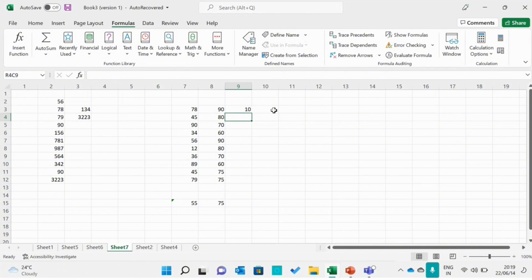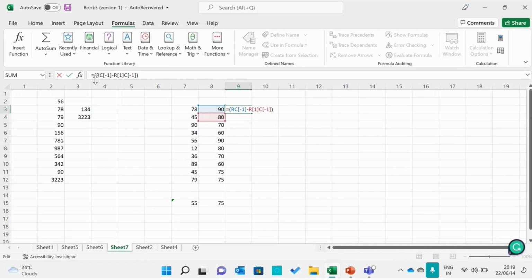A simple way to do subtraction is that you go and you put equals to, open bracket, the first cell that you would want to deduct, use it, and then minus, then the other number, and close the bracket. Now, the brackets are important and the minus is important.